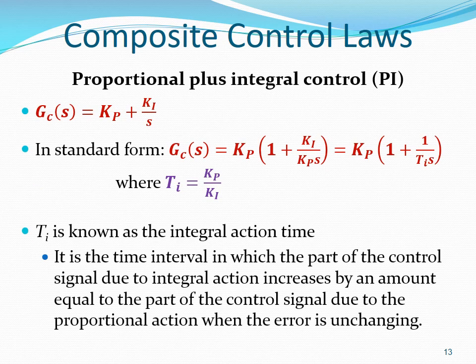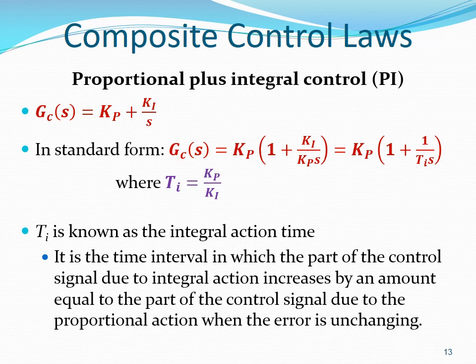For proportional plus integral control, known as PI control, the TF of the controller is equal to Kp plus Ki over S. In standard form, the TF can be expressed as Kp(1 + Ki/(Kp s)).